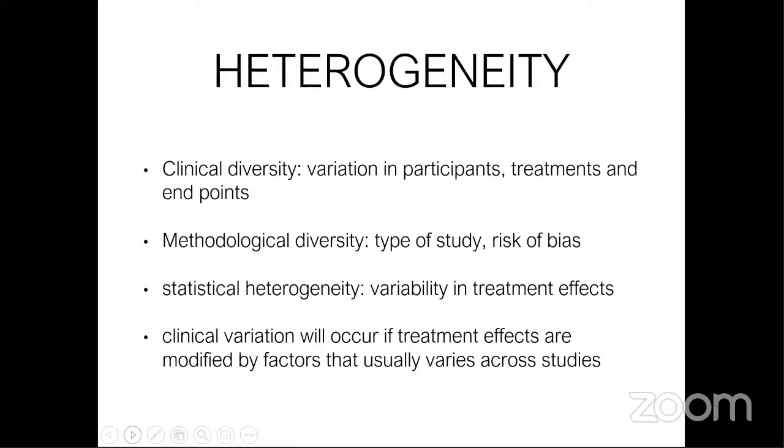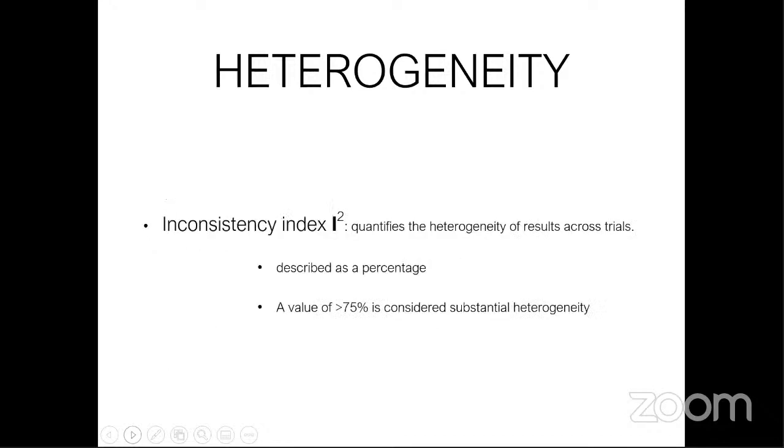There's clinical diversity: variation in participants, treatments, and endpoints. There could be diversity in your methods, type of study, and risk of bias. Statistical heterogeneity is variability in treatment effects, and clinical variation occurs if treatment effects are modified by factors that usually vary across studies.